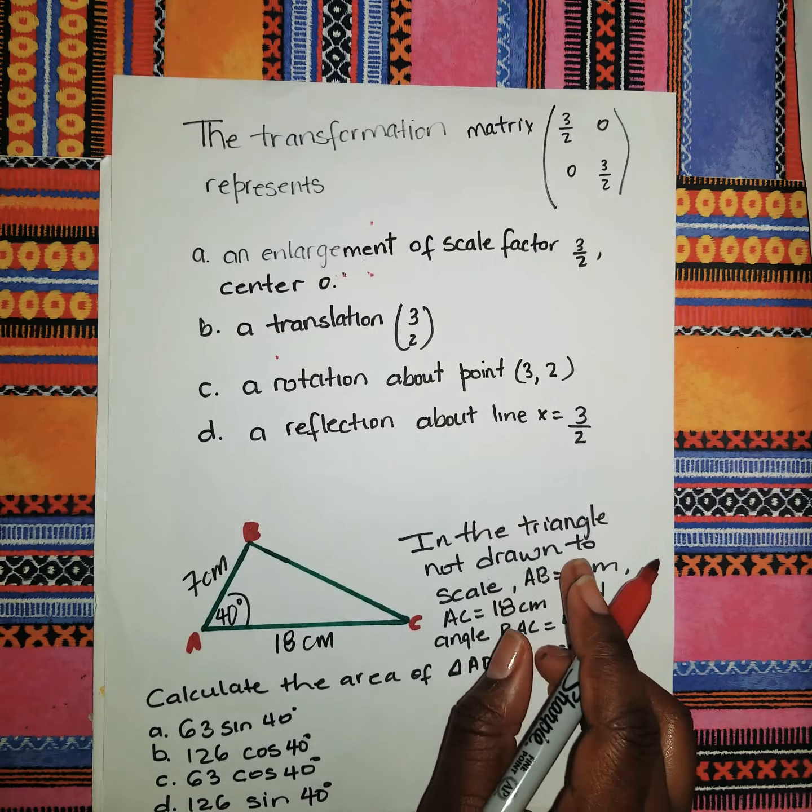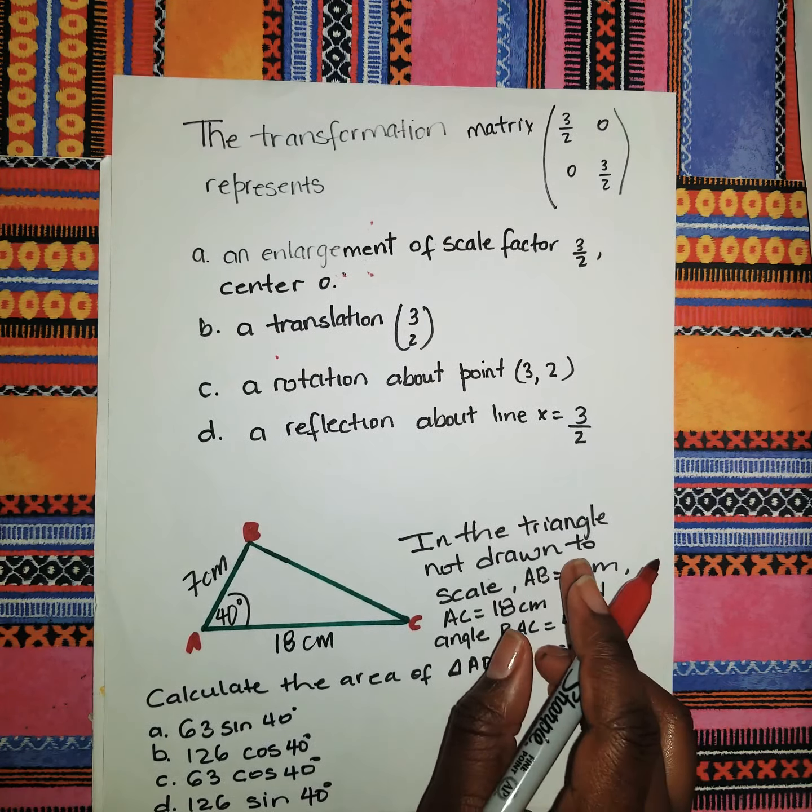So the transformation matrix 3 over 2, 0, 0, 3 over 2 represents which of these? Is it enlargement? Is it translation? Is it rotation? Is it reflection?